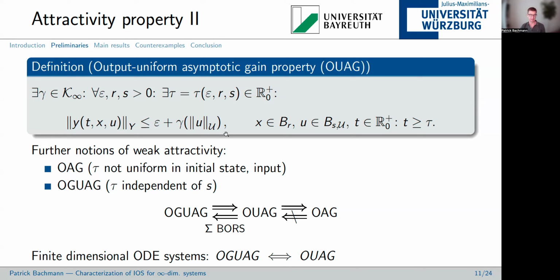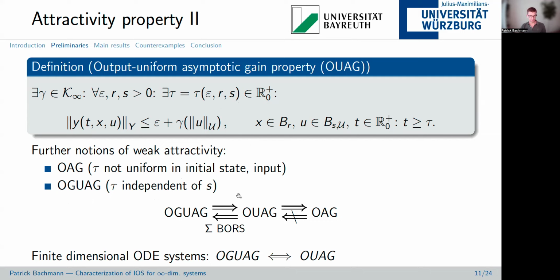In the first case, this tau is not uniform in r and s, but it depends on x and u itself. So we are missing the uniformity. And in the second case, it should be globally uniform, which means that it does not depend on s. And in fact, this makes a difference.